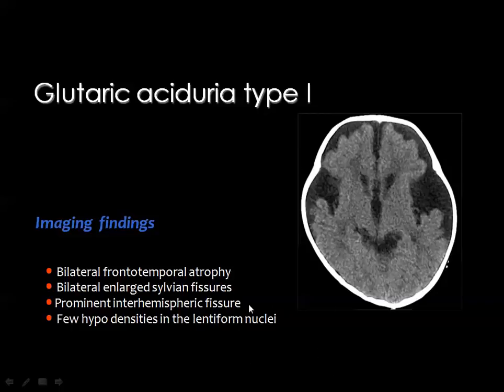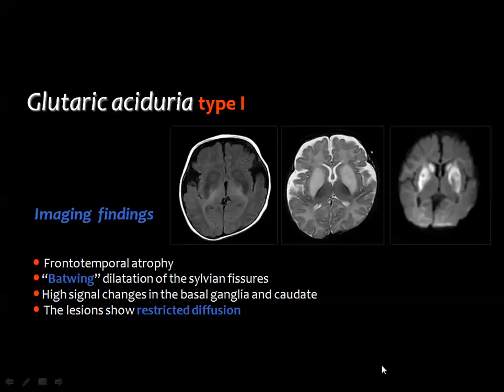Then the interhemispheric fissure will be prominent, and there may be some hypodensities within the lentiform nuclei. By MRI, you will see the same manifestations, but you are able to detect abnormalities in the basal ganglia.